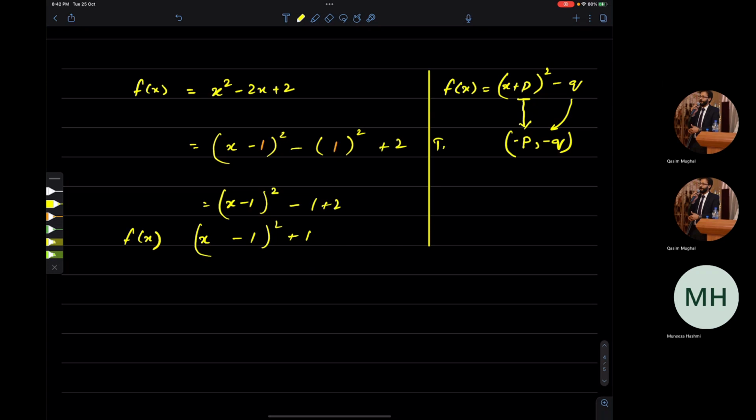So this is the turning point. Also, the line of symmetry is going to be x equals minus p. That would be the line of symmetry.